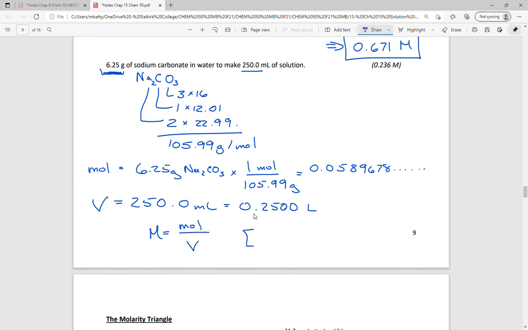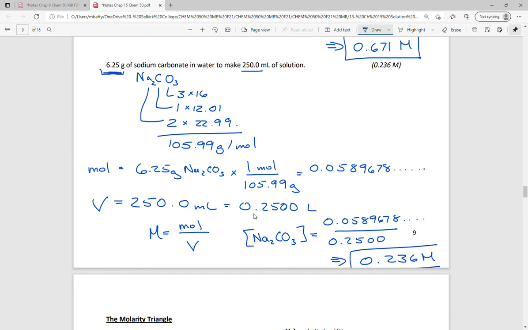In this case, the concentration of the sodium carbonate would equal that number that's still in my calculator, divided by the volume in liters. And that would give me then 0.236 moles per liter, or a molarity of 0.236.